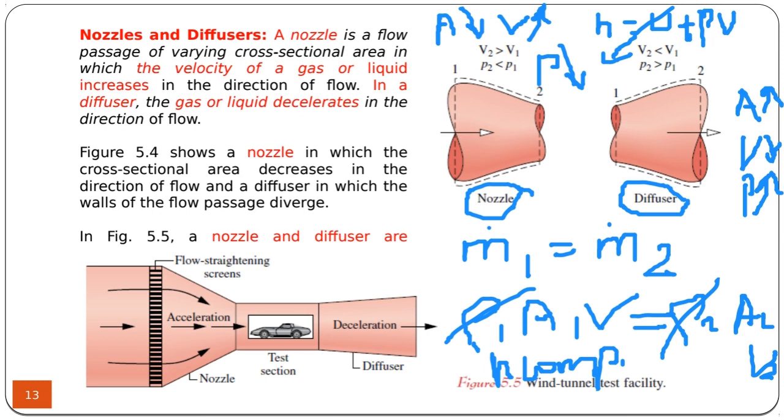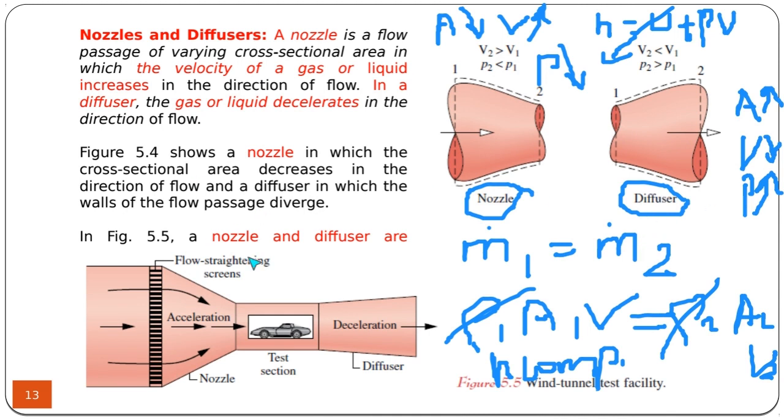So there are two applications of the cross-section area reducing or increasing. If the cross-section is decreasing, it's called a nozzle. If the cross-section is increasing, it's called a diffuser.